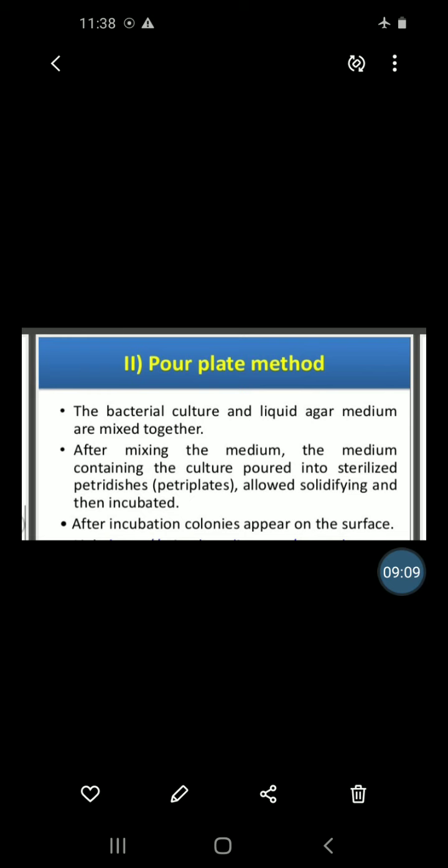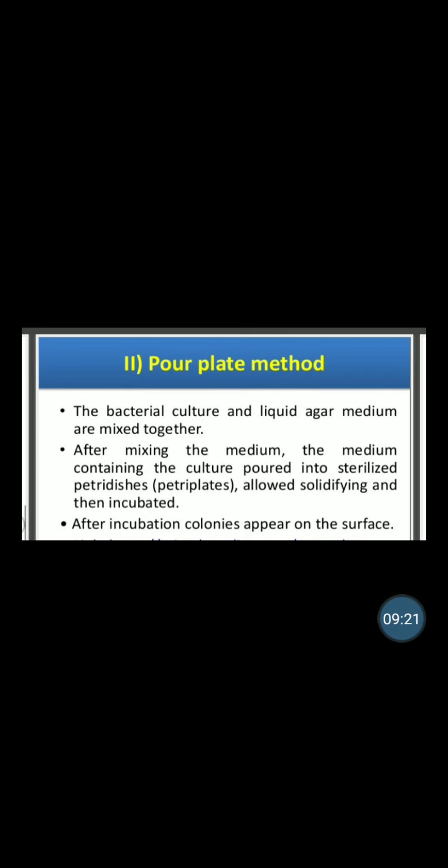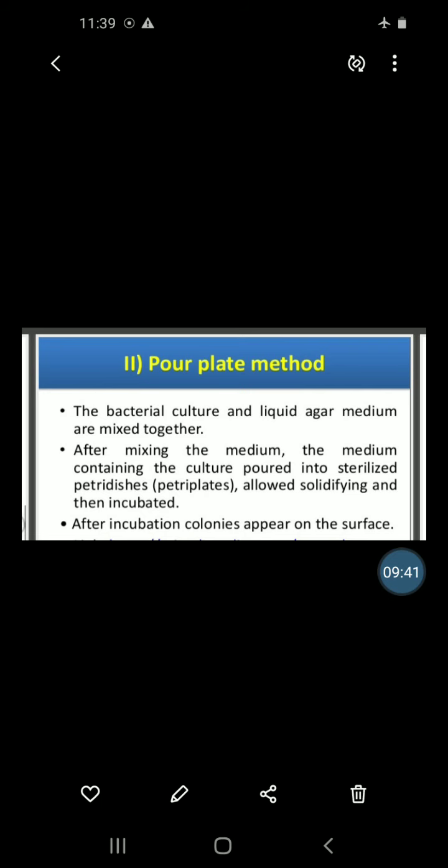After mixing, the medium containing the culture is poured into a sterilized petri plate and allowed to solidify, and then it is incubated. After the incubation, colonies are formed on the surface of the medium. So what is this method? In this method the bacterial culture and liquid agar medium are mixed together, poured into sterilized petri plates, allowed to solidify, and then incubated.